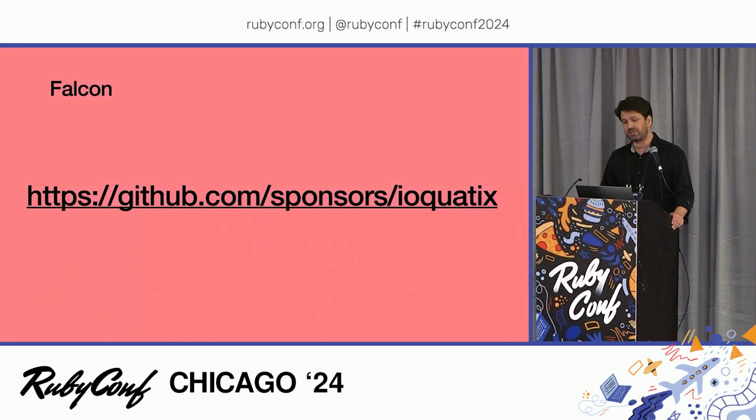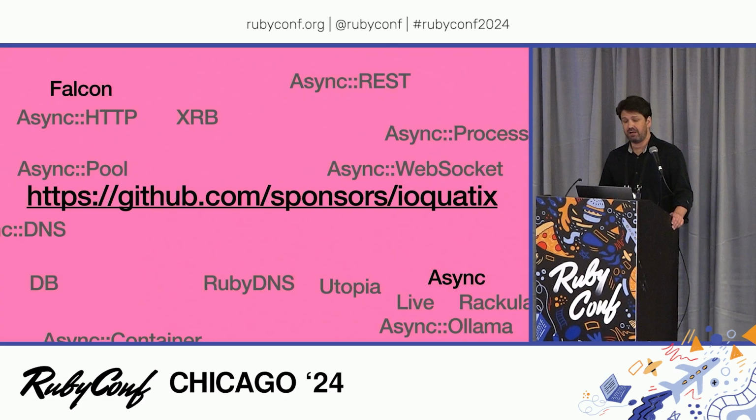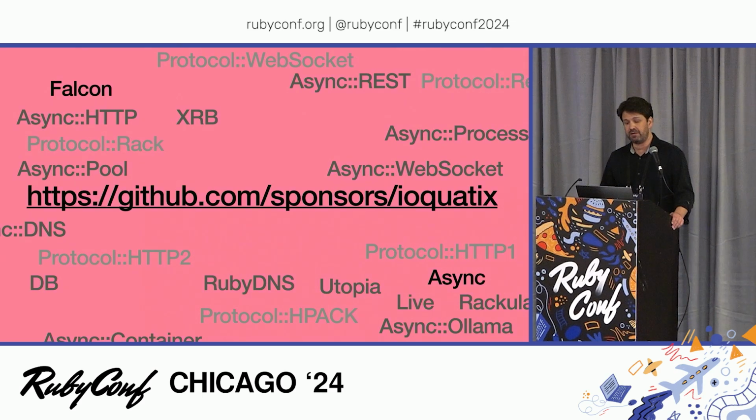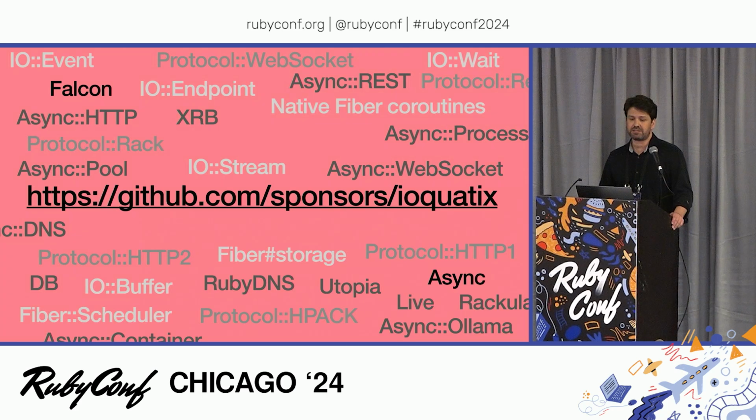But ioquatix worked on things like Falcon, our one HTTP 2 web server, like async, one of our 4 HTTP 2 clients, all the async libraries that support them, the underlying protocols that are super important to make it work, and then things that actually land in Ruby, like the async fiber scheduler that landed in Ruby 3.0, like native fiber coroutines. So we have coroutines that are native on top of our architecture and operating system, and things like IO event and IO wait and IO buffer.